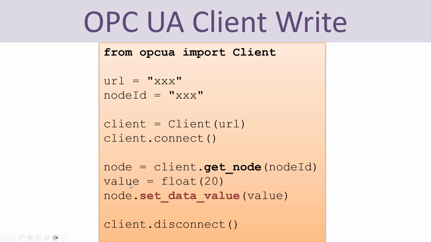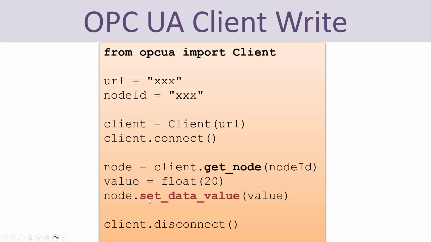And then we can here basically just specify a value. In this case, I just hardcode the value 20. Here you can create a simulator or read real data from a sensor, a temperature sensor, or other types of sensors or equipment, but here, just for test purposes, I just specify 20 as a value that we are going to write to the server.